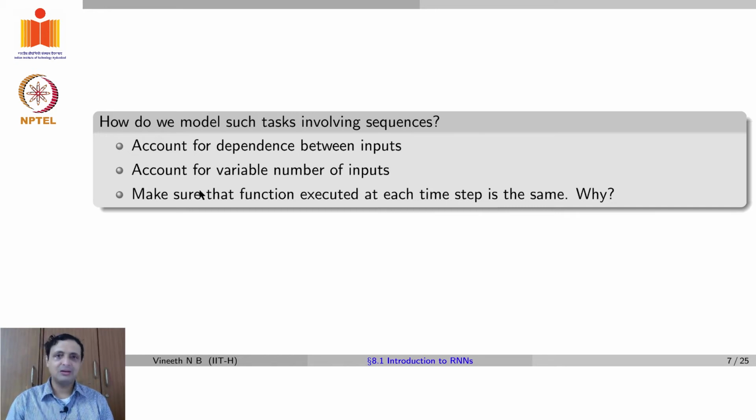This is similar to what we said in convolution, where irrespective of whether a cat was on the top left or the bottom right, we want to say that a cat exists in an image. We overcame that problem through the idea of convolution, but how do we do that now over time series and sequence learning problems is what we're going to talk about over the next few slides.